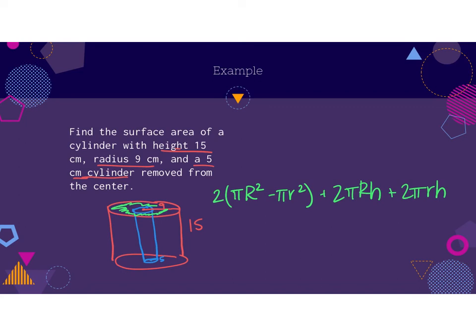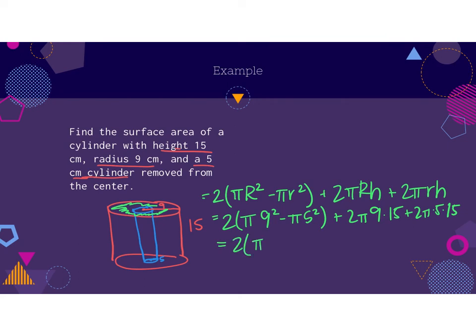From here, we're just going to substitute what we know. Our big radius is 9. Our little radius is 5. Our big radius is 9, the height is 15, plus 2 pi, little radius is 5, and the height, again, is the same, which is 15. At this point, I need to just start doing some multiplication.